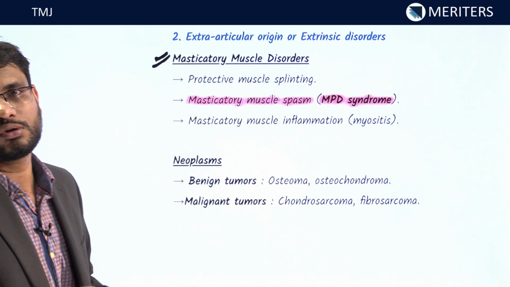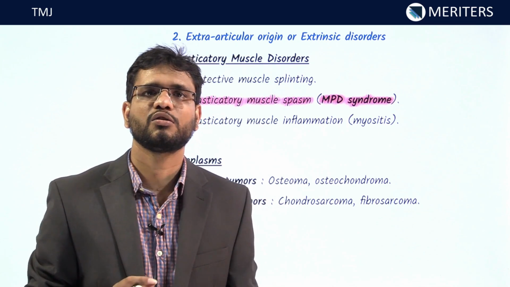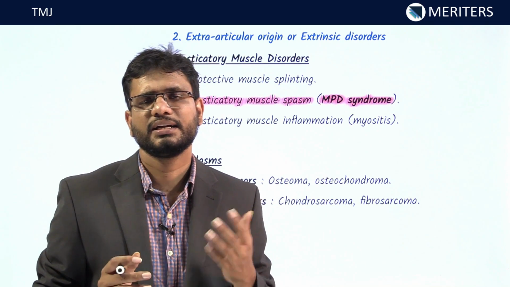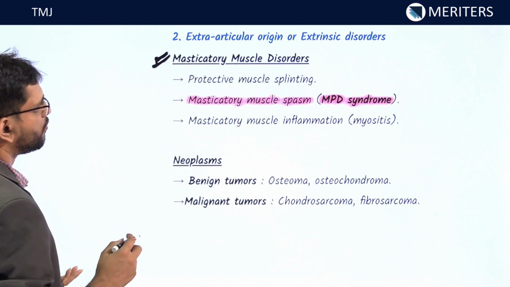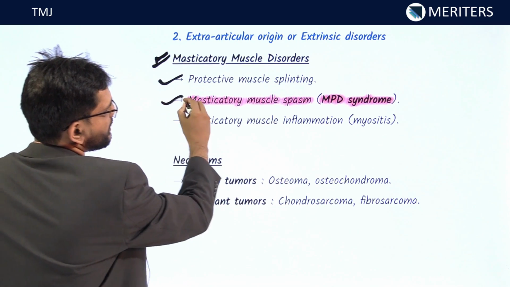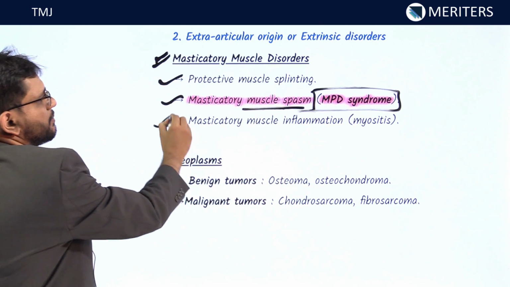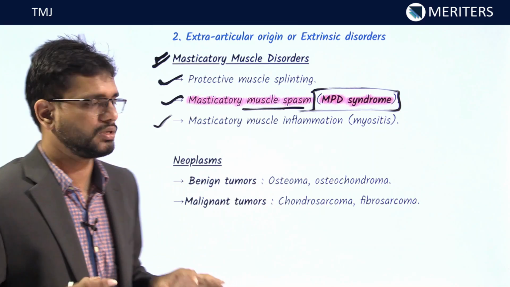As we know, there are 4 muscles of mastication, and these muscles are responsible for movement of the jaw. So the condyle, directly or indirectly, moves through these muscles only. What happens if there is protective muscle splinting, or masticatory muscle spasm, as seen in MPDS, or masticatory muscle inflammation? All these are masticatory muscle disorders.